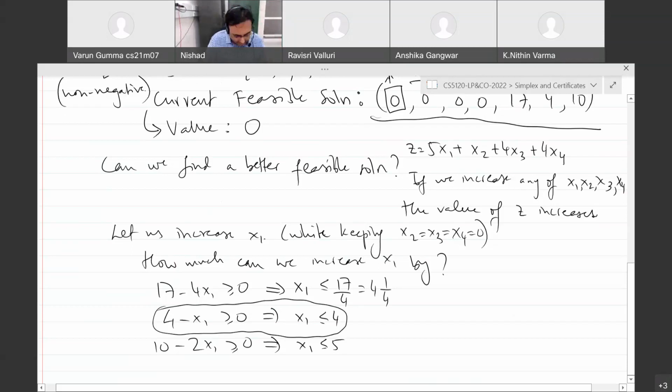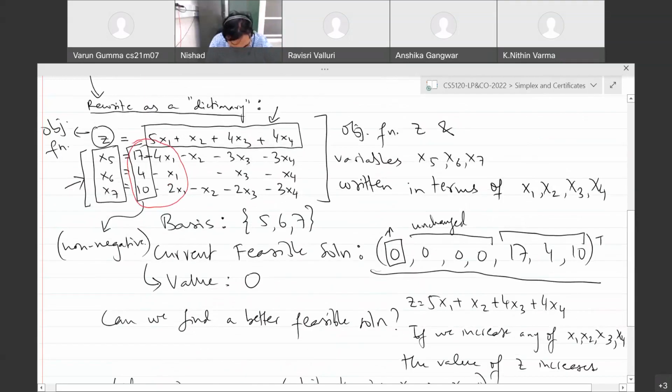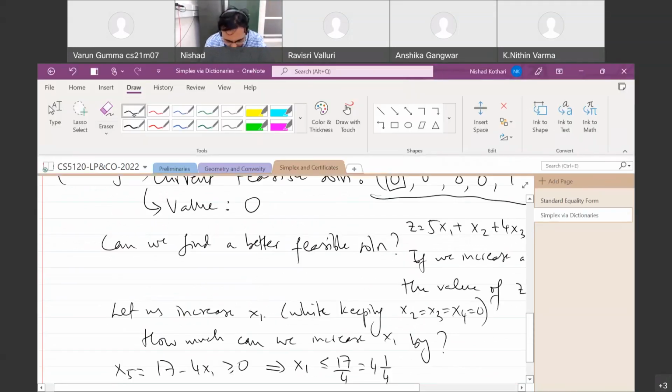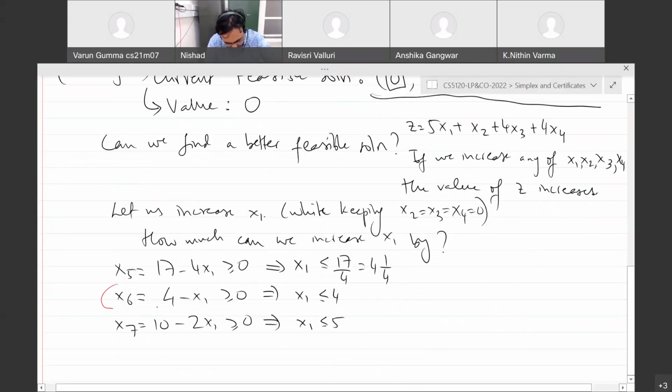And actually, let me write down x5, x6, x7 here. Okay. So it turns out that the best we can do is dictated by x6. Because this is in some sense the strictest inequality among all of these, right? So we are going to increase x1 to 4 because that is the best we can do.